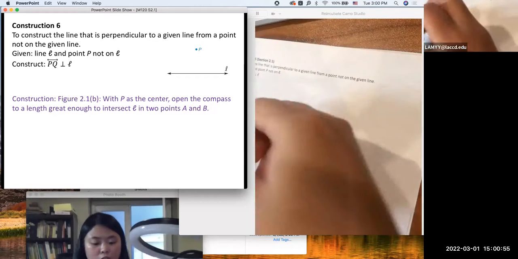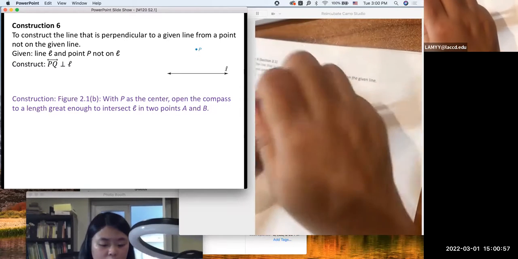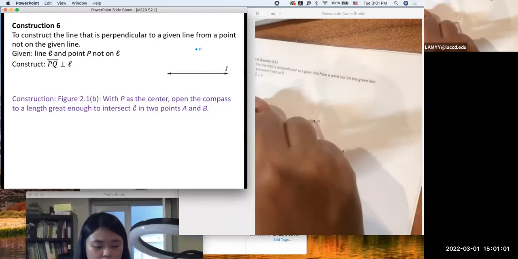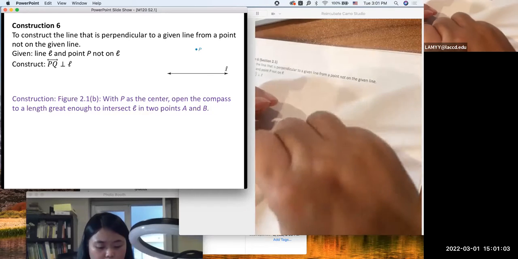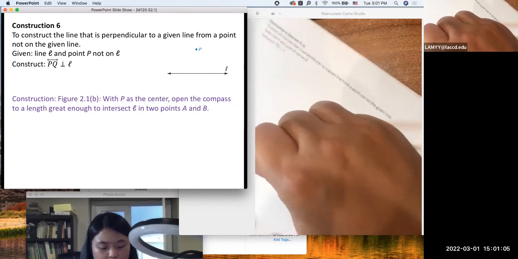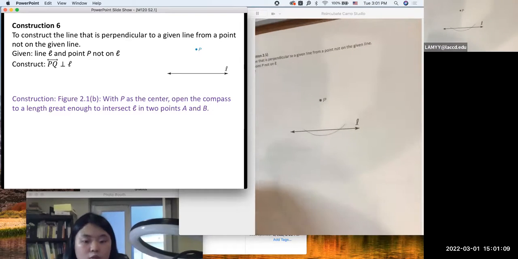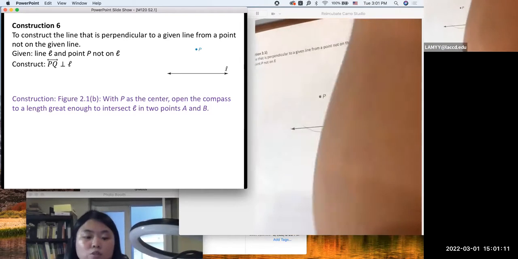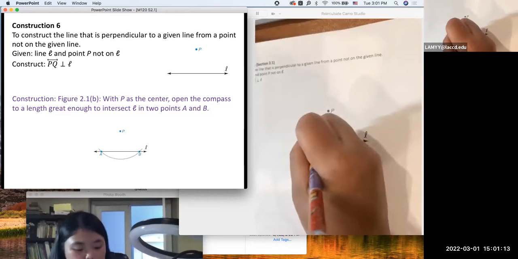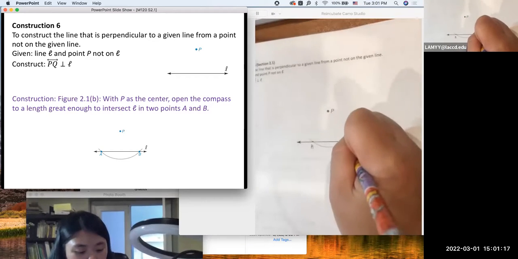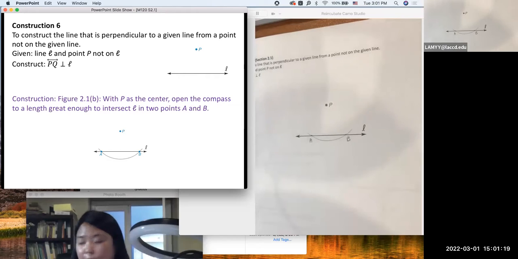Draw the arc here and intersect the line L. And these two points, we're gonna call A and B. These two points will be your point A and point B.